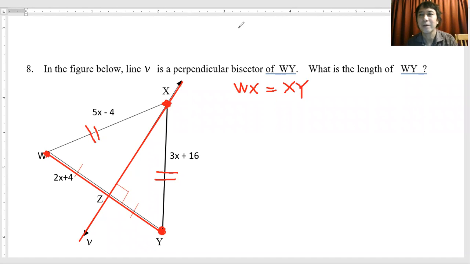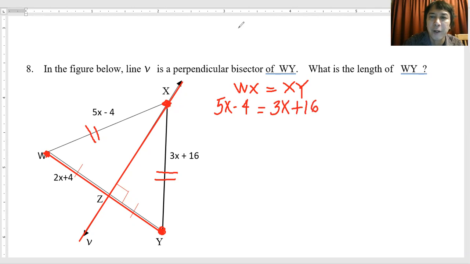Since point X is on the perpendicular bisector, we conclude point X is equidistant to the endpoints W and Y. And so we have the equation WX is equal to XY. The expressions there will be 5x minus 4 equals XY, which is 3x plus 16.